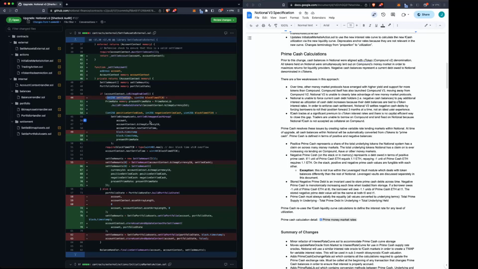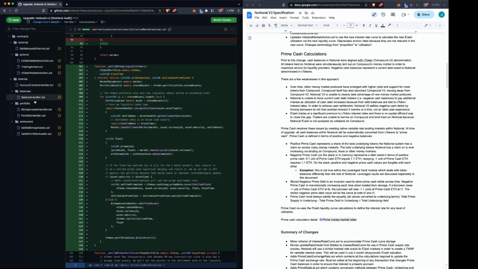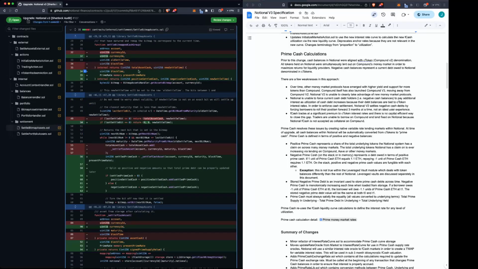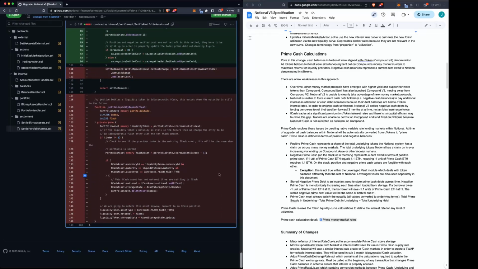So we add the positive and negative values together. In order to track this properly, we need to split that out to see the positive and the negative values. So that's being done here. And the bitmap and the portfolio asset settlement is updated appropriately.